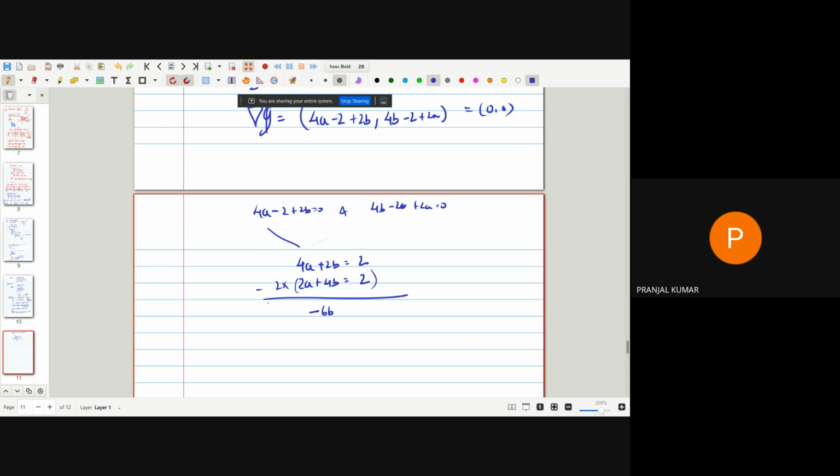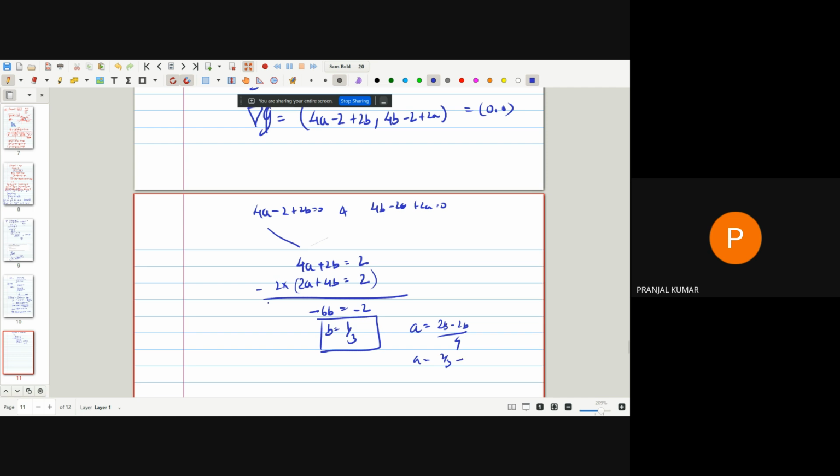Then you will get 2 minus 4, which is minus 2. So b equals 1 by 3. Then find the a value. The a value would be 2 minus 2b upon 4. So you can substitute it here, 2 by 3 over 2, so a is 1 by 3.